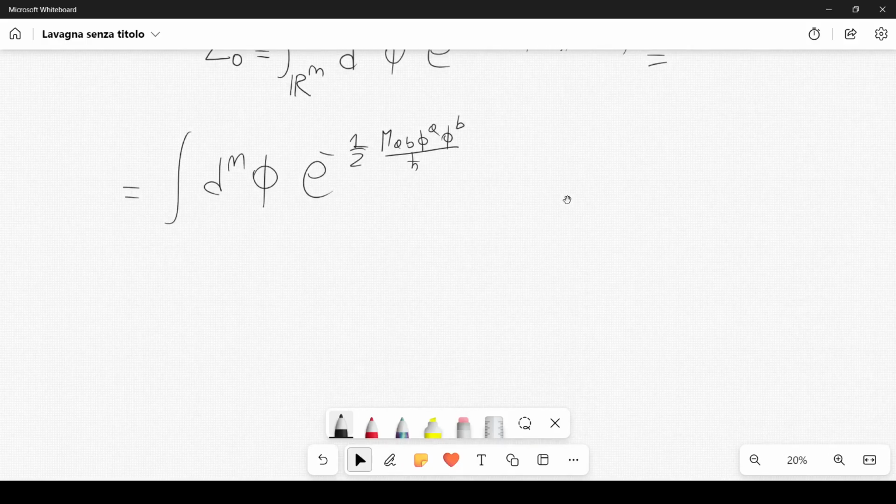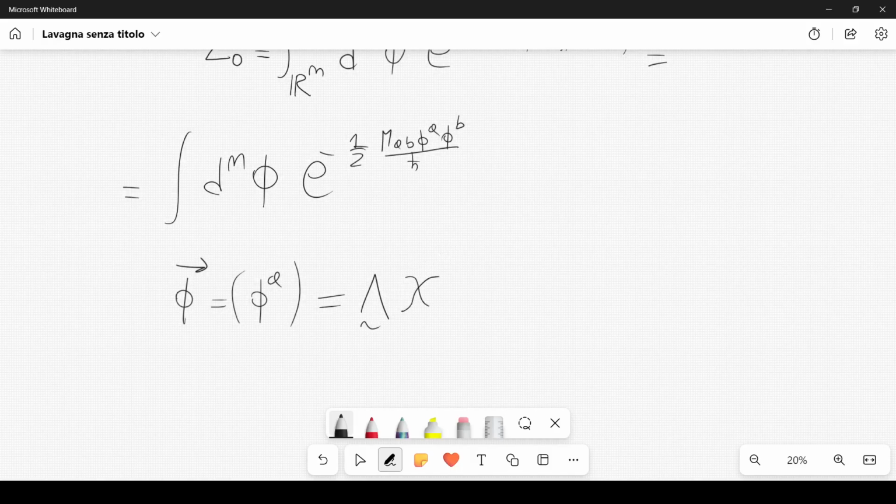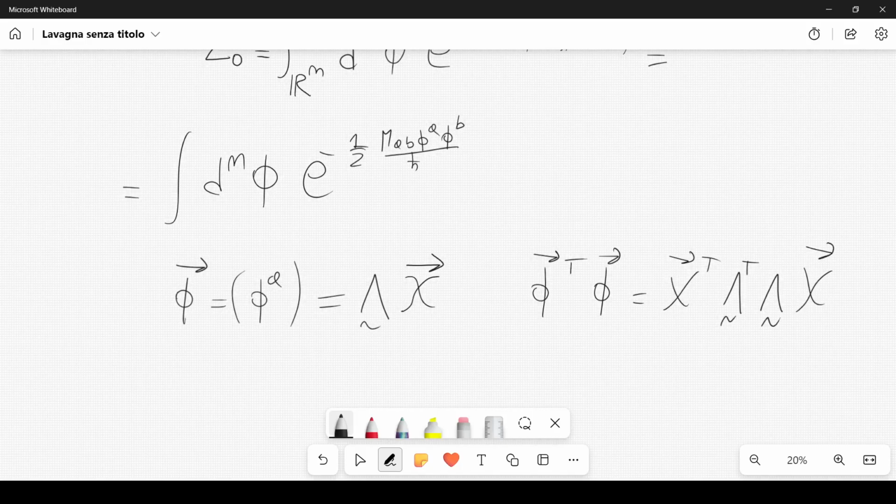Now we want to diagonalize the matrix, and in particular we are going to define phi vector. So this phi vector is just phi A in components, and this can be defined as another matrix, lambda, which will contain the eigenvectors, and then here we can consider another vector chi, like this. So in particular, if we consider phi transpose phi, this will be chi transpose lambda transpose lambda chi, and here we have chi, not phi.